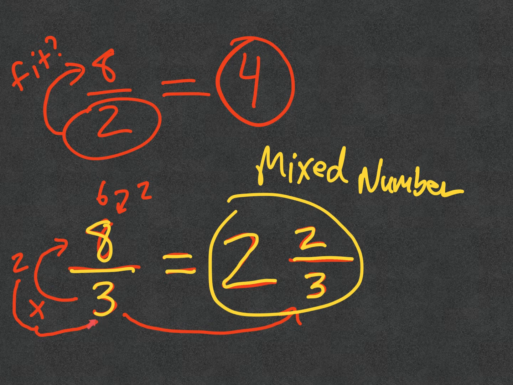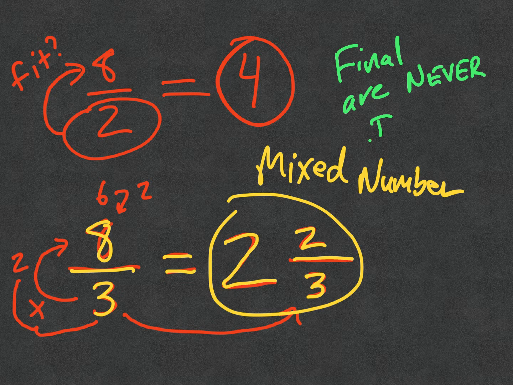And the denominator here is just transferred over. Okay, and so we should always write final answers in mixed number form. So final answers in math are never written in improper fractions. Are never improper.